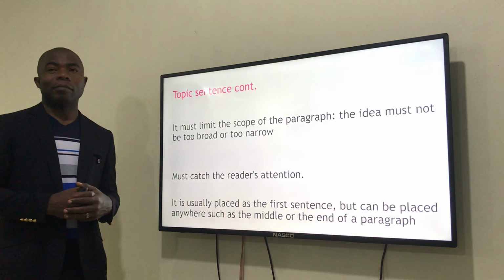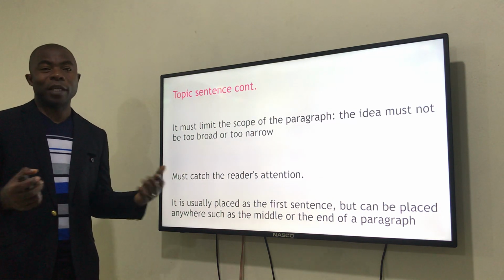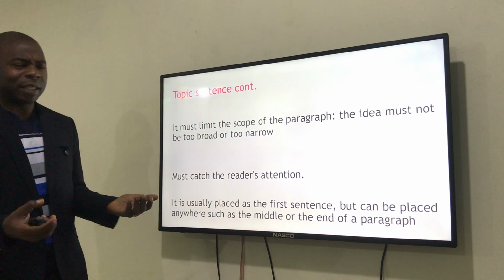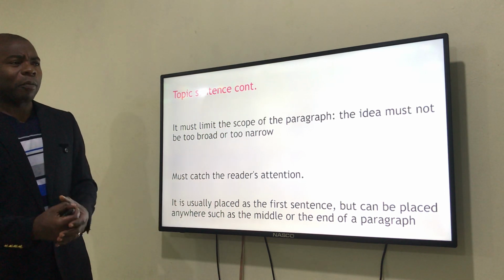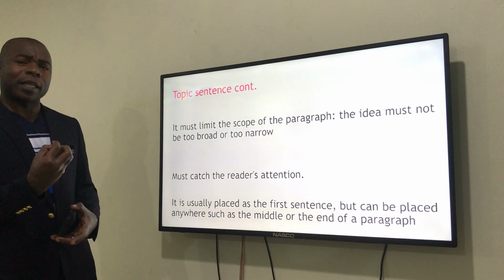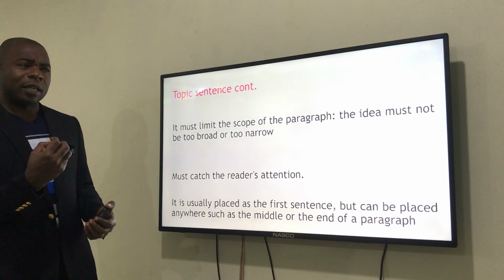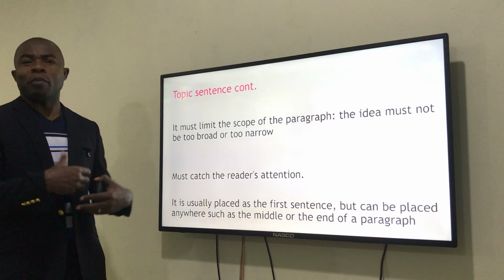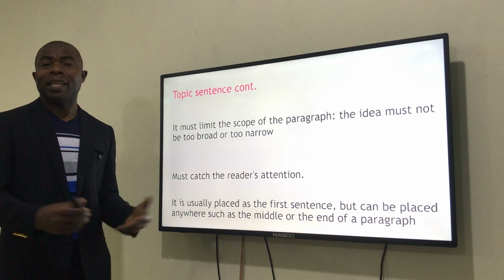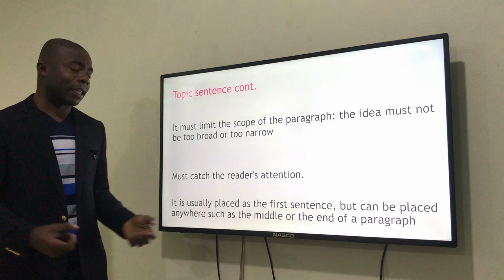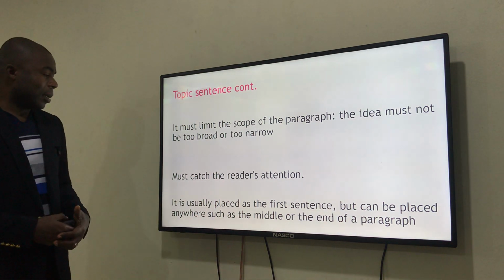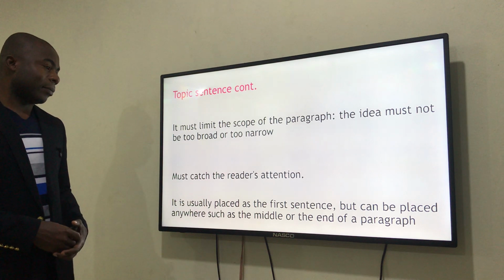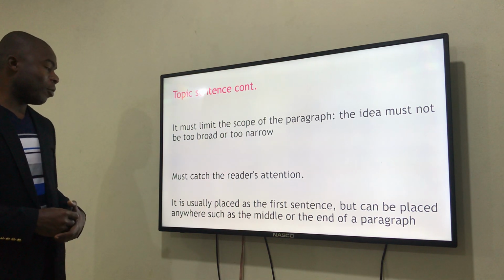One of the ways to catch the reader's attention is that it must be simple. If the topic sentence is very complex and difficult to understand, then it will present a paragraph almost uninteresting or a complicated paragraph.